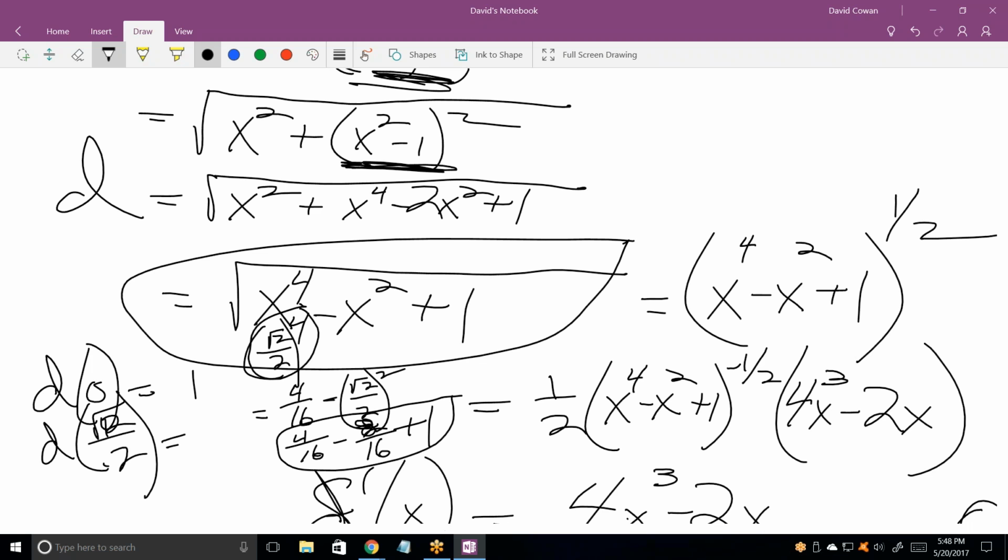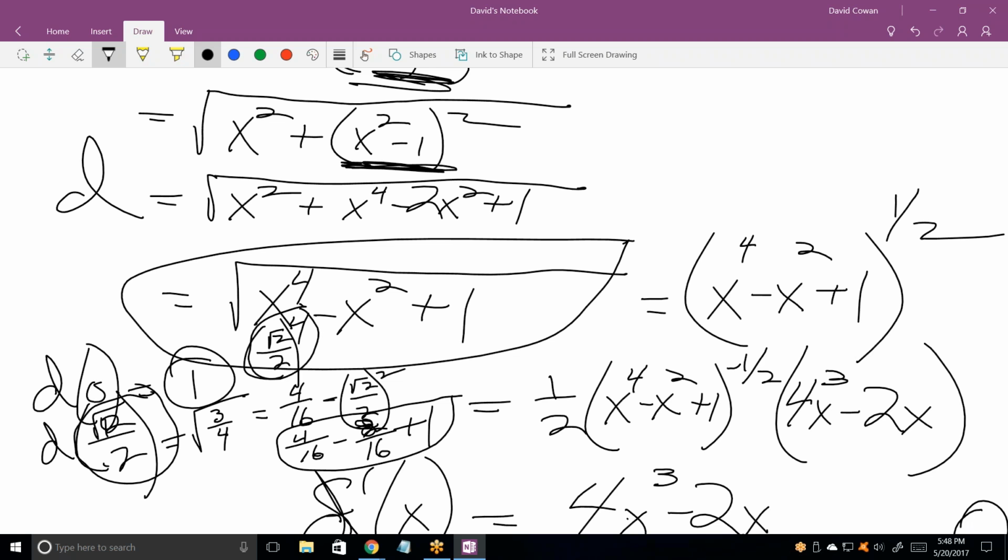That's a smaller number. In other words, I've got 4/16 minus 8/16, which is minus 4/16, plus 1, that's 3/4. So that's the square root of 3/4, which is a smaller distance than 1 is.